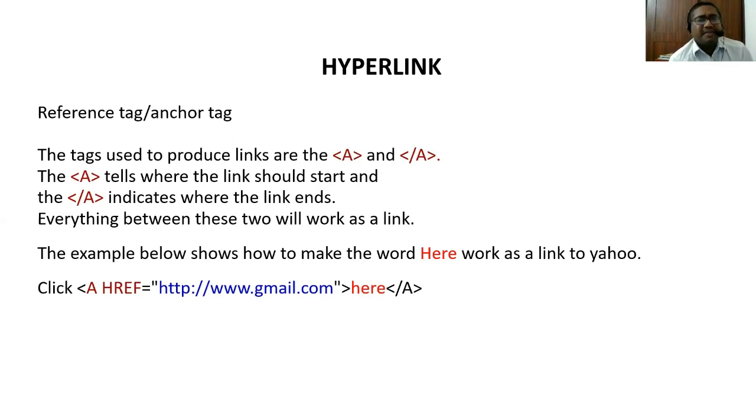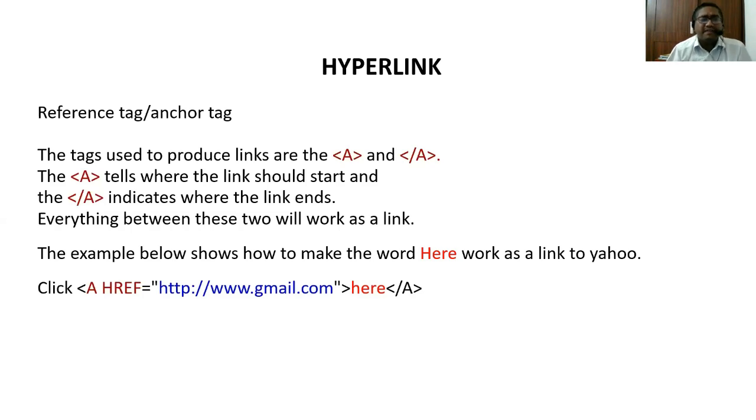And the next concept we will be having is hyperlink. Hyperlink is the major concept of HTML. And for hyperlink, we will use the anchor tag here, the reference tag, otherwise called the anchor tag. We will call this A. What is A? A is anchor. Normally in computer architecture, we studied about the anchor block. That is the first block of the record. It's called anchor block.